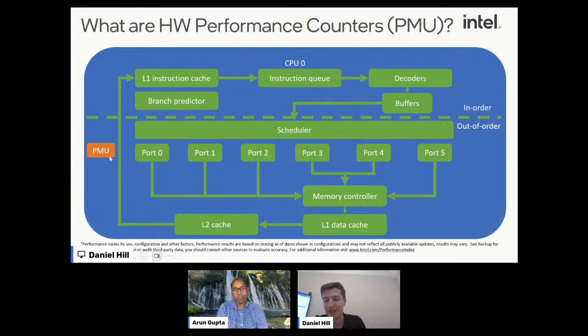And the PMU is sitting over here. Like I said, it's like a little octopus. It's got little lines going to all these different parts of the CPU. And it's really more complex than I'm showing right now, where there's config registers and MSRs and all sorts of stuff going on. But at a high level, this is kind of what's going on.